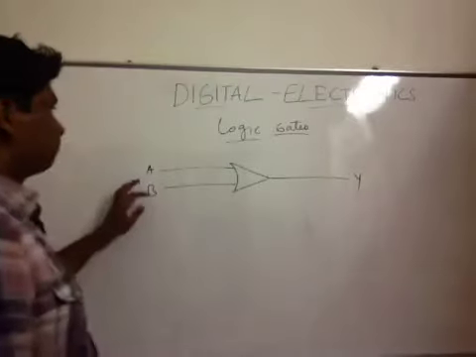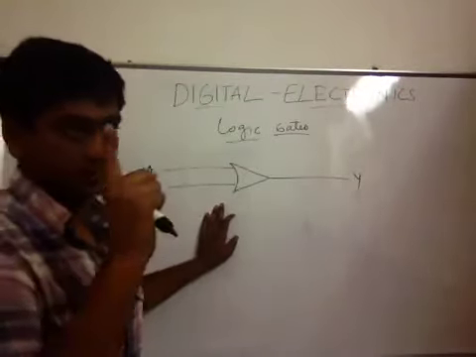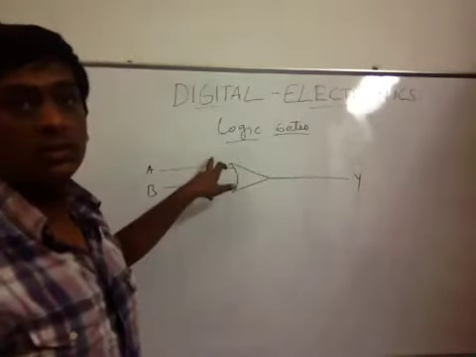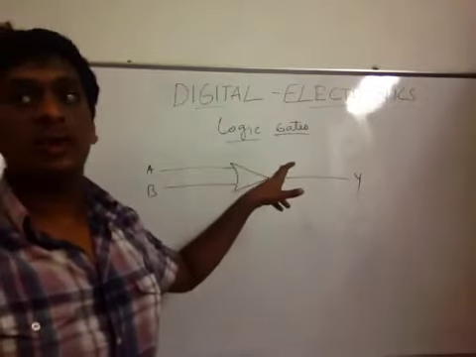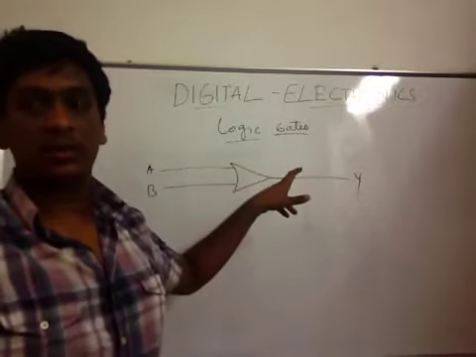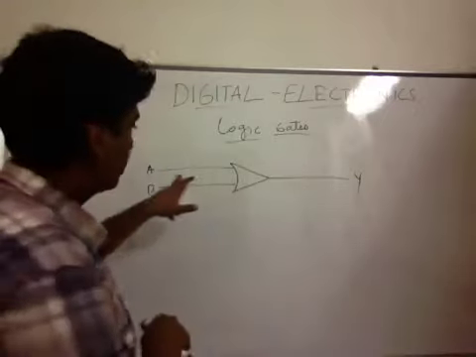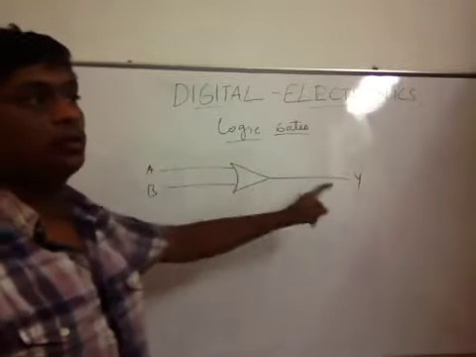So this gate has just one rule. If any of the inputs is on, let me take 1 as on and 0 as off. Remember this point. 1 is on, 0 is off. If any of the 2 inputs is on, then the output will be on.